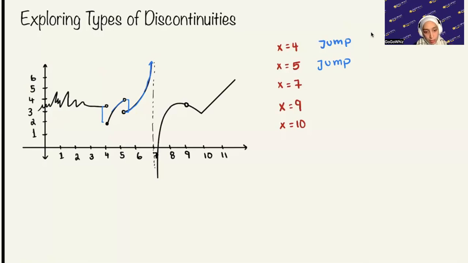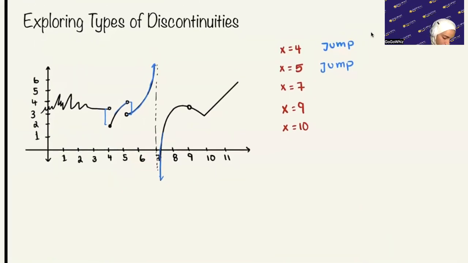So my function is not continuous at 7 because we can see that over here, it's approaching infinity on this side, and then on this side it's approaching negative infinity. So again, I had to remove my pencil or pen, but because I'm going to an infinite limit, going infinitely upwards or infinitely downwards, we call this an infinite or essential.